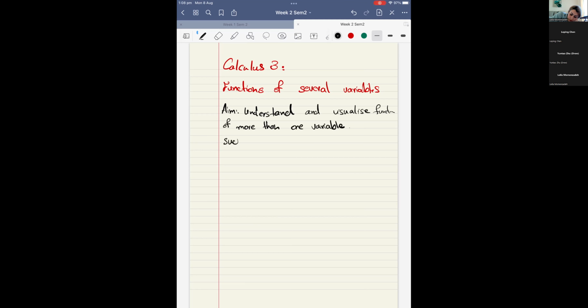Such as f of x and y equal to sine y e power x. Before that, you have functions like x equal 2 plus 3y, or y is equal to x squared plus 2, with one variable.